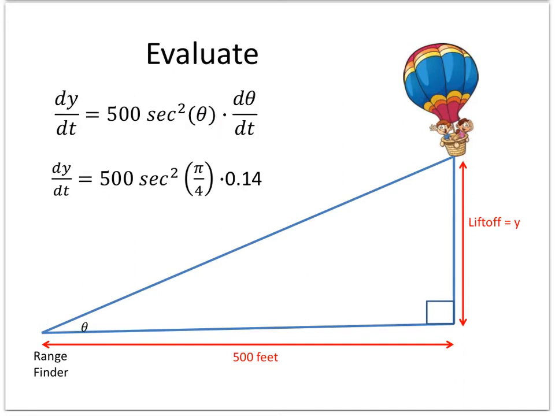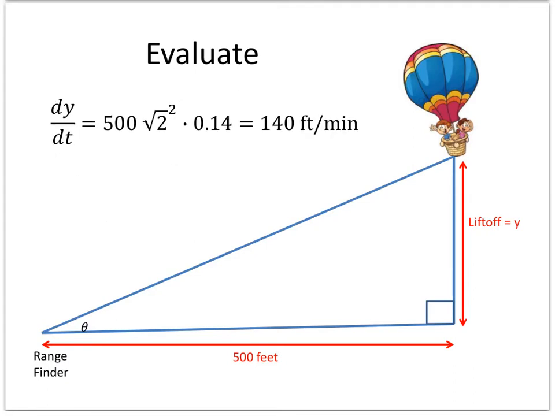And so now I start plugging in things that I know. I mean, you could have plugged them in before, but it's kind of nice to take derivatives with the variables left alone and then plug in the information. And then, of course, secant, well, some of you are just going to use your calculator, but with secant, you can do 1 over cosine, and it is squared. And all this out, you should get 140 feet per minute.